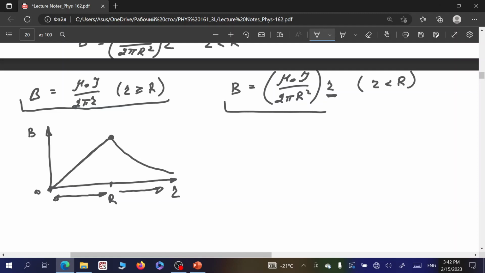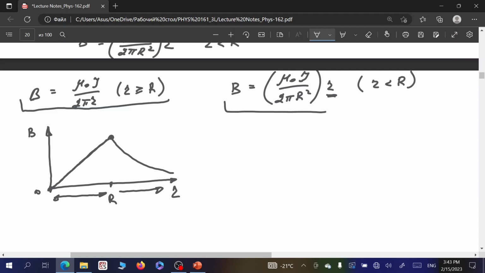Let us summarize our discussion for today. Similar to Gauss' law in electrostatics, when we could apply this law in certain cases for specific charge distributions to determine in an easy way the electric field created by these charge distributions, we can also apply Ampere's law to determine magnetic field.